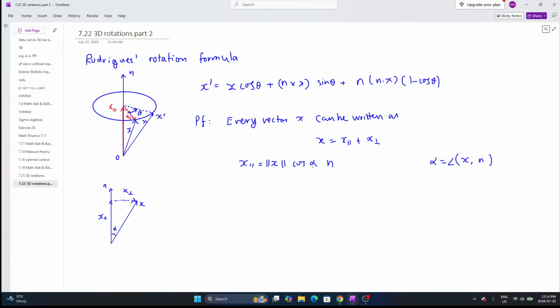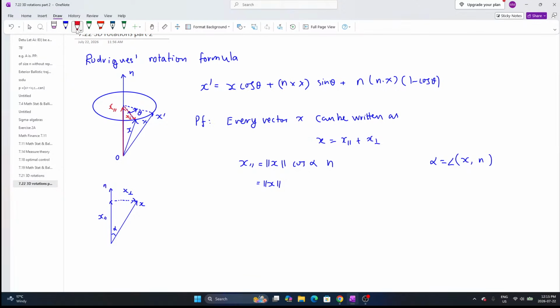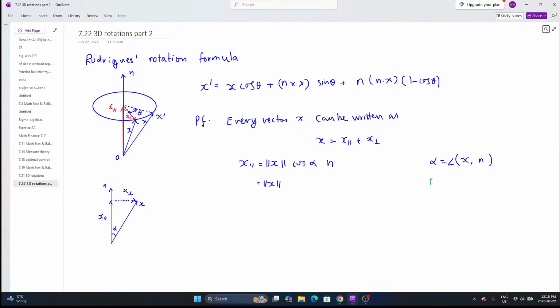Of course, we still need to express things like cosine of alpha, and this is where dot product comes in handy. So cosine of alpha, recall the definition of dot product. Let's put it on the side. So recall the definition of dot product.